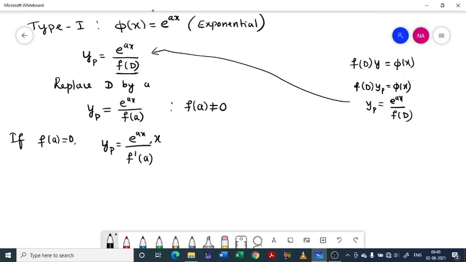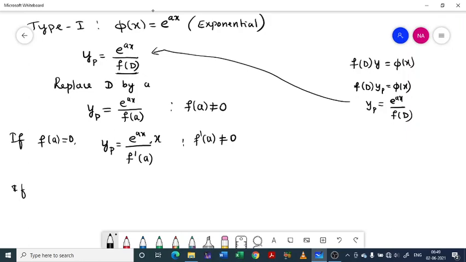When you have to repeat this process, suppose f dash of a is not equal to 0, no problem, then this is the required solution. In case that is also 0, then you have to repeat the process again.